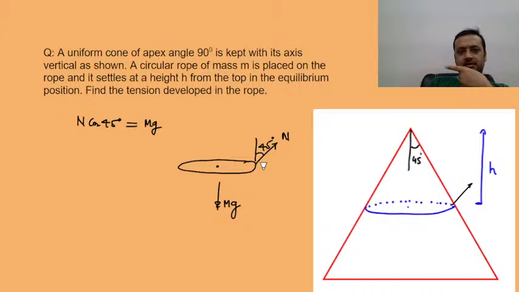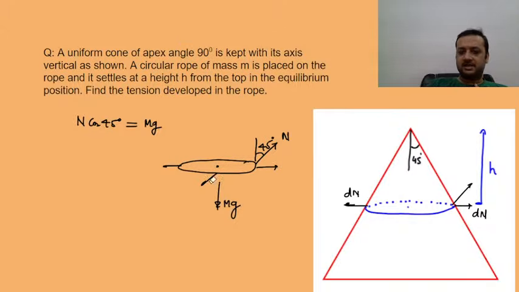As I told you, the normal is distributed uniformly. So the horizontal component of the normal acting at this point will cancel out the horizontal component of the normal at the opposite point. If you take the vector addition, the normal will cancel out on the whole ring. That means this dN and this dN will cancel out.